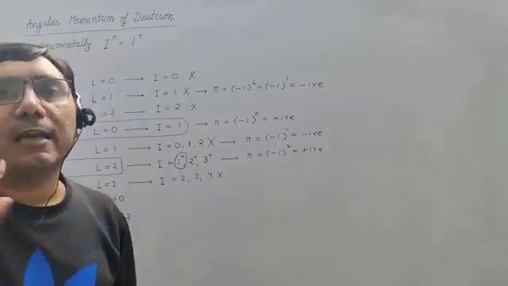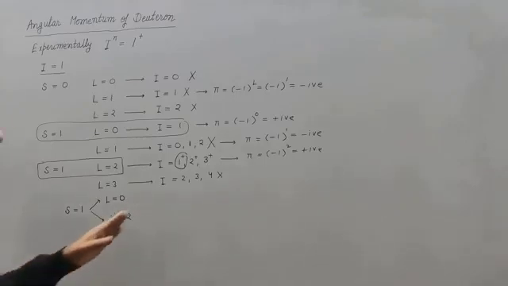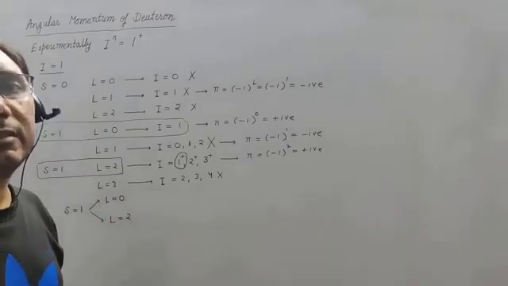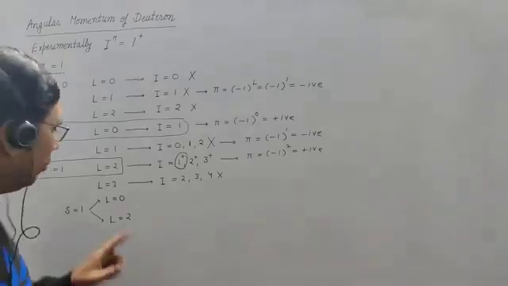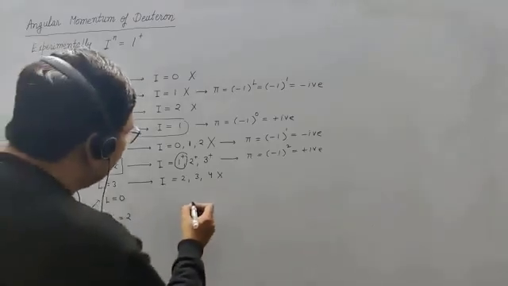It can have more than one L value, or in case of non-central potential, a wave function can be made up of more than one L value. However, parity for all these L values should be the same. This is the condition.